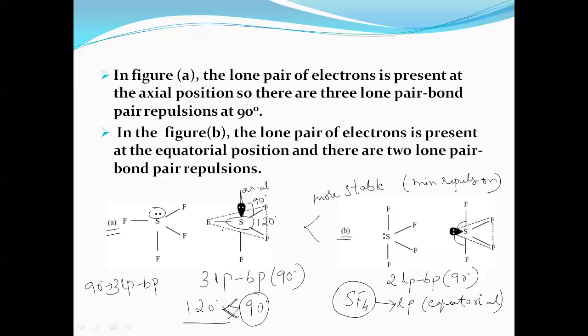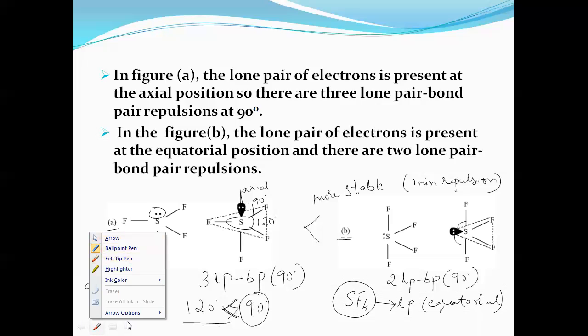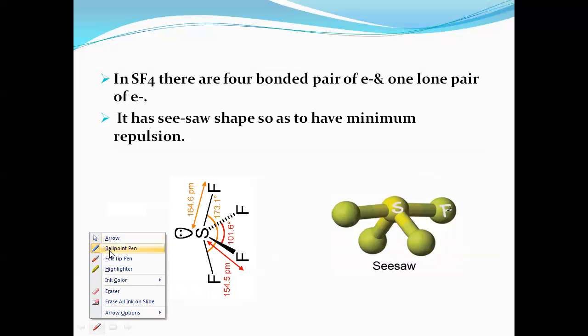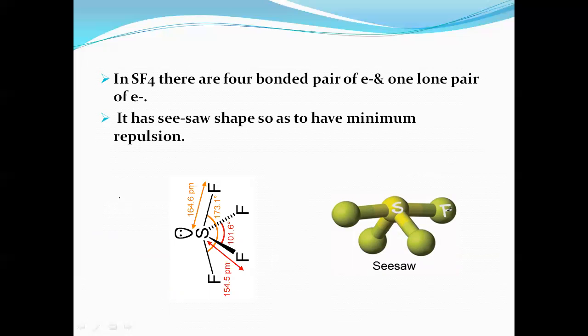So now, looking at the structure, it will have the lone pair of electrons at this equatorial position here, and it will have fluorines at axial positions, 2 at axial positions and 2 at equatorial positions.